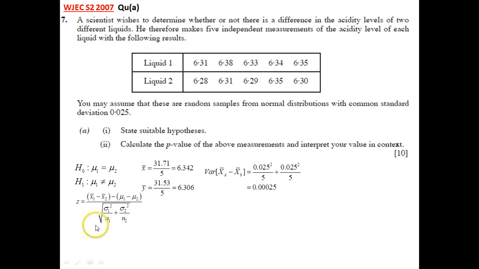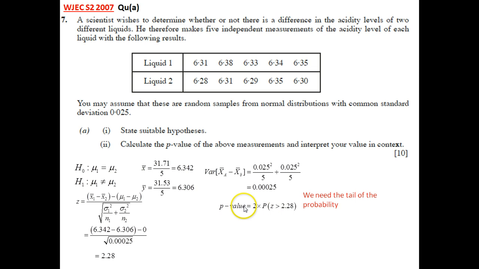Therefore, our z statistic is the difference in mean minus the difference we want to prove, which is 0, divided by the square root of the variance of the combination. So we get z equal to 2.28. Therefore, being as it was two-sided, we want z greater than 2.28.